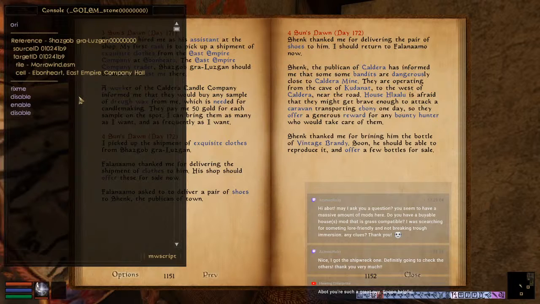You can enable your beta comment file. You just put a line in your Morrowind.ini file enabling beta comment, and then you write BC and a message like typo, brimming instead of bringing.